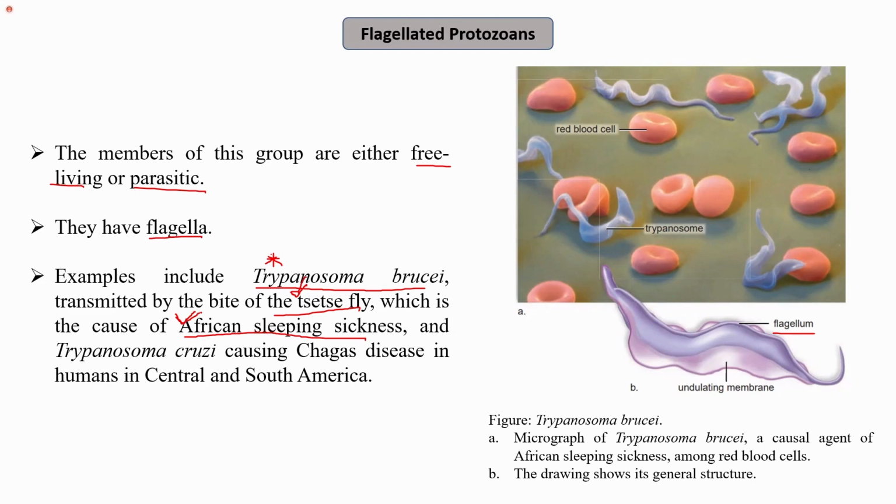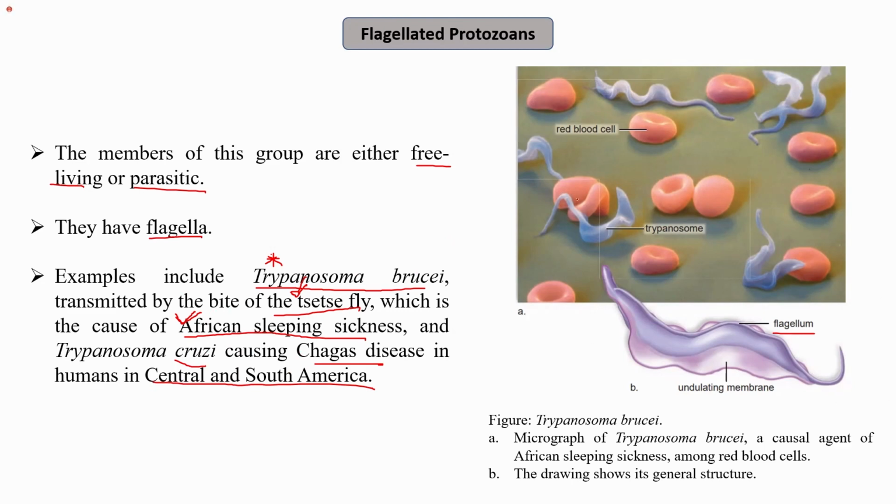You also need to remember how it gets transmitted. Similarly, we have another trypanosoma, which is Trypanosoma cruzi, that causes Chagas disease in humans of Central and South America. So you may remember that Trypanosoma cruzi causes Chagas disease, and Trypanosoma brucei causes African sleeping sickness.